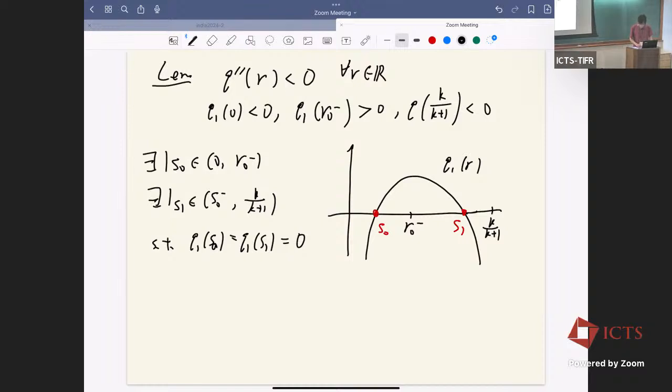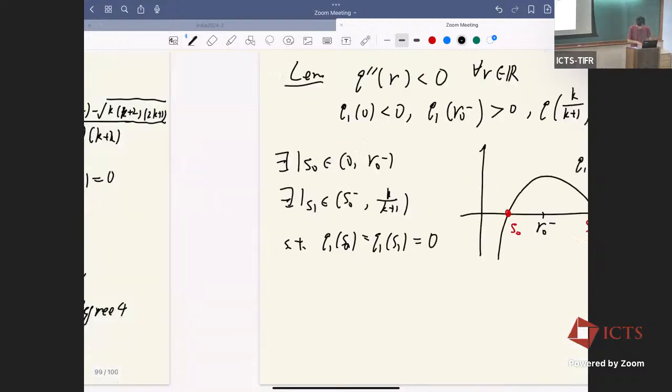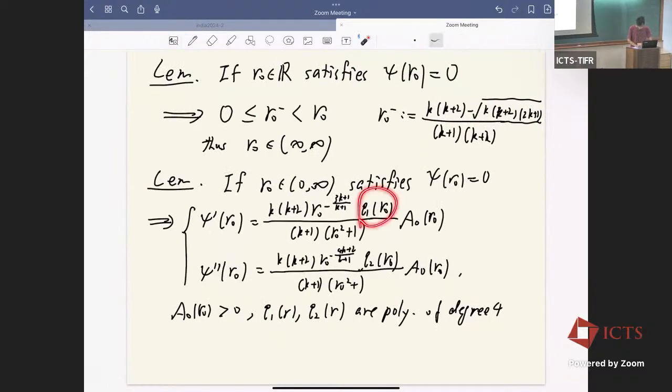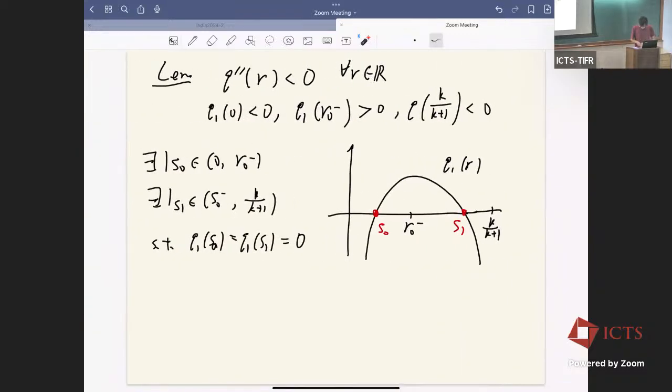So Q1 is this. So this means the sign of Q1 is related to the sign of psi prime. Okay, so yes, Q1 is here. Okay, the sign is always the same. So if the root of psi is here, then psi r is positive.